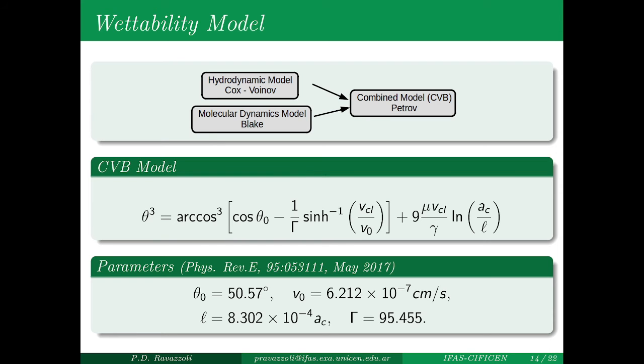The macroscopic length scale is the capillary length, here equal to 1.45 mm. The microscopic equilibrium contact angle is theta 0. Also, the model has another three parameters: the microscopic length scale L, the characteristic velocity v sub 0, and the dimensionless parameter gamma.